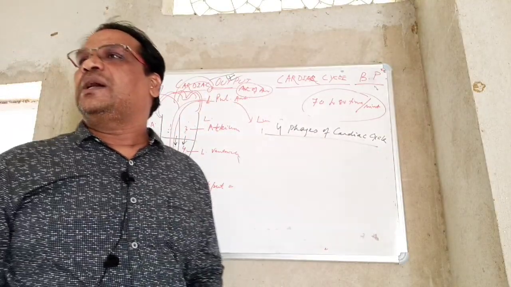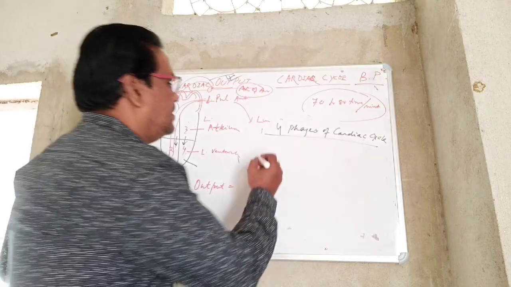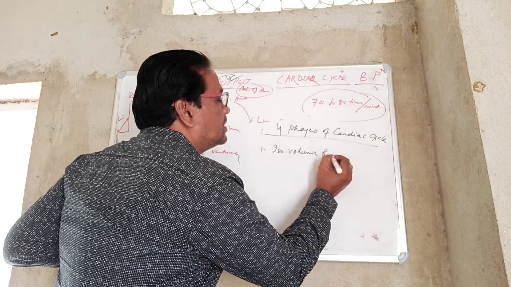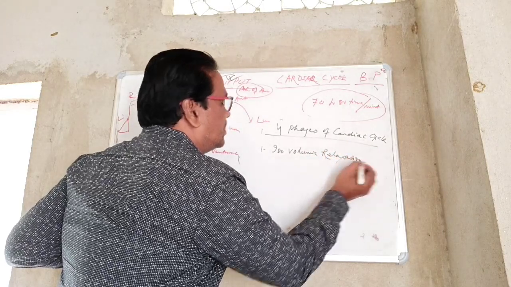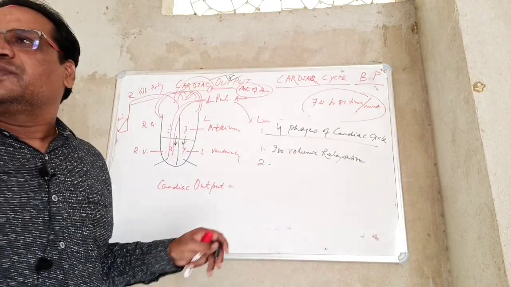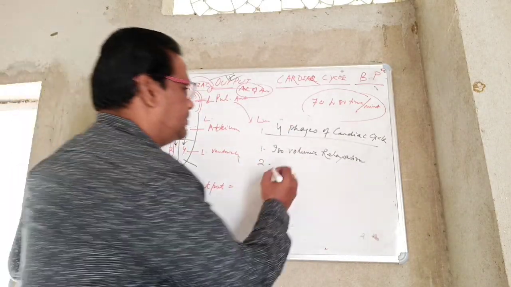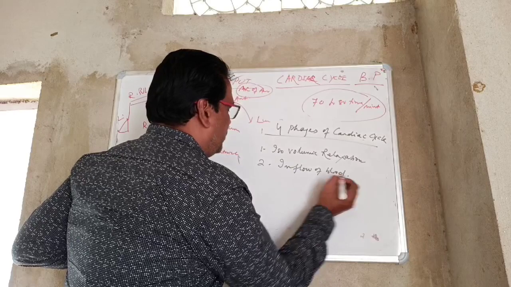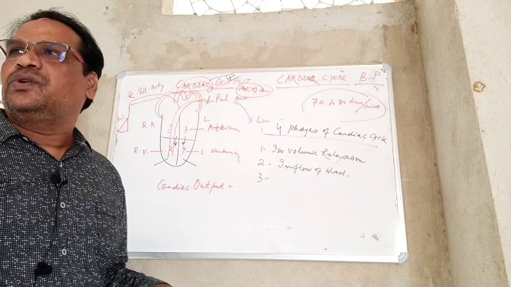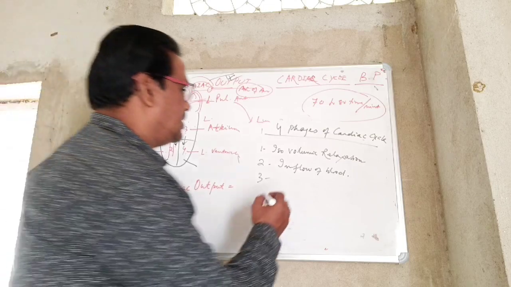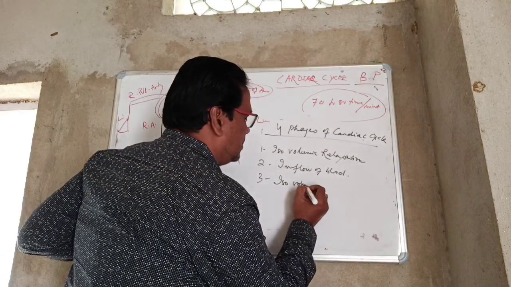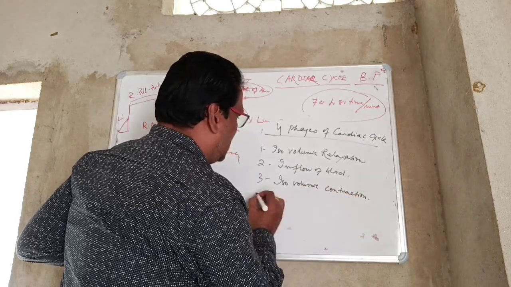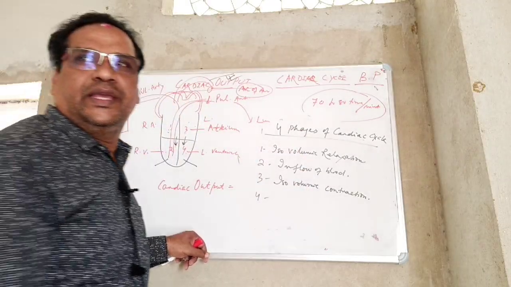What are the phases? The first is isovolumic relaxation. Second is inflow of blood. Third is isovolumic contraction. And fourth is ejection.